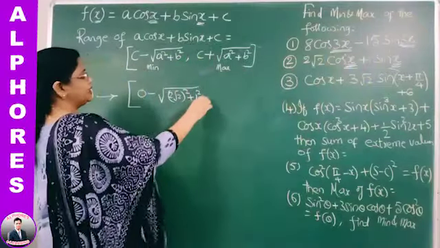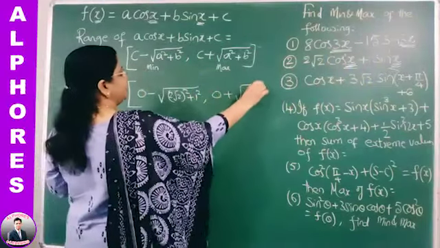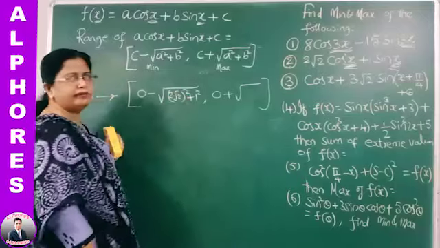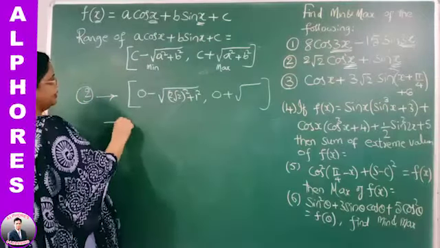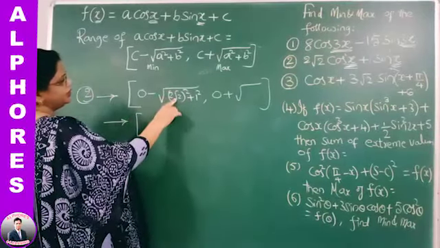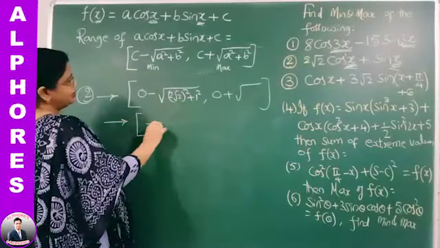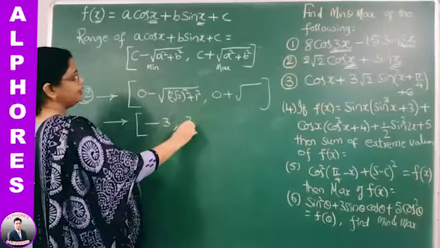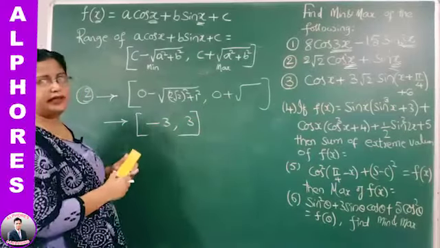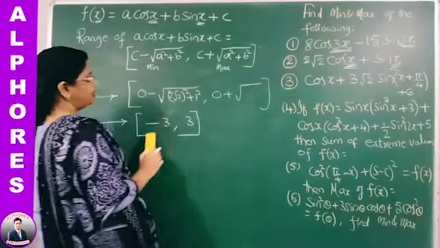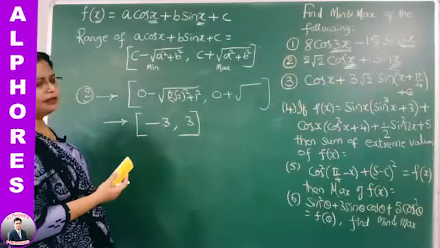Understand? And the other value 0 plus under root of the same value. Then what is the answer here? It is 8 plus 1, that is 9. So root 9 means it is 3, minus 3 comma same value plus 3. Hence the range of this function is nothing but how much here? Minus 3 comma plus 3.